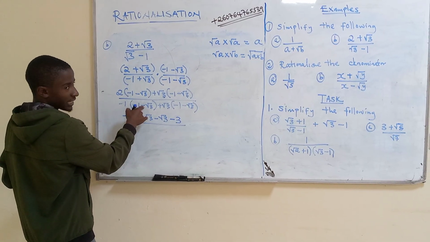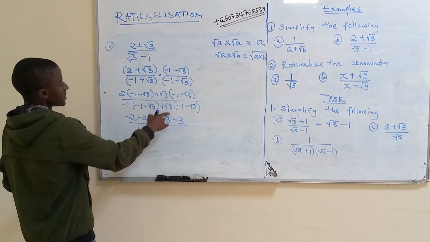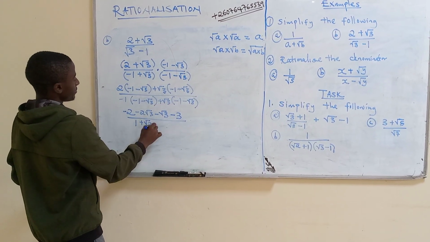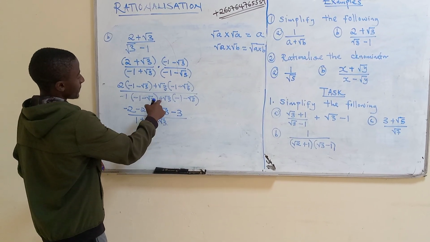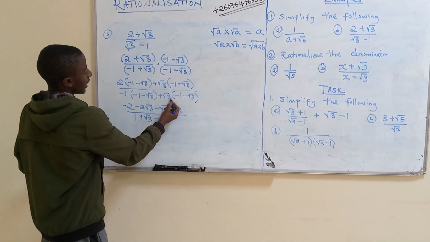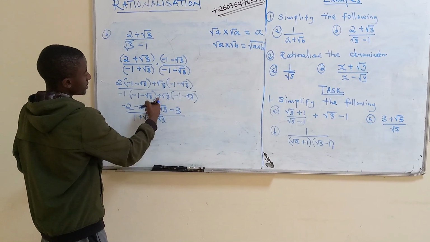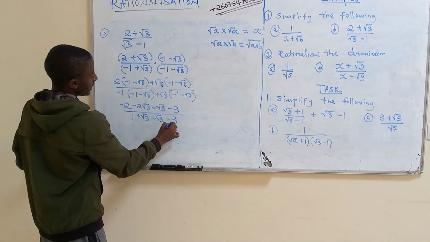Negative times negative, which is positive square root of 3. So negative times positive is negative square root of 3. So here, when you look at the denominator, these things are common. So I'll just write positive times negative is negative. What is common, which is the 3.